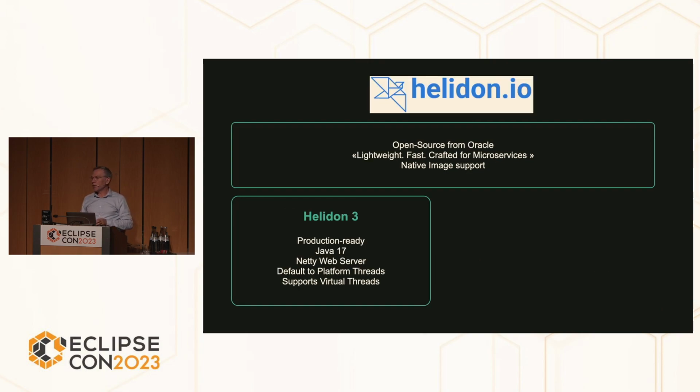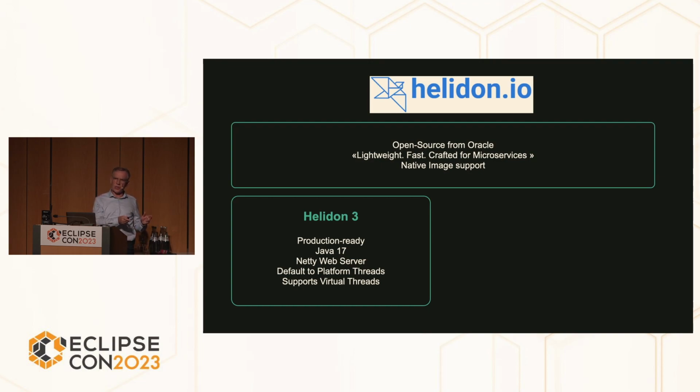Helidon. Helidon is less popular than Quarkus. How many of you have heard of Helidon? Okay, a few. Helidon is very similar to Quarkus in terms of objective, but it has taken an opinionated approach regarding virtual thread adoption.